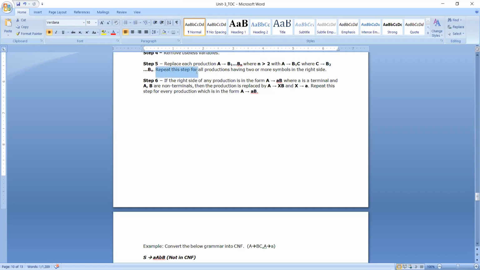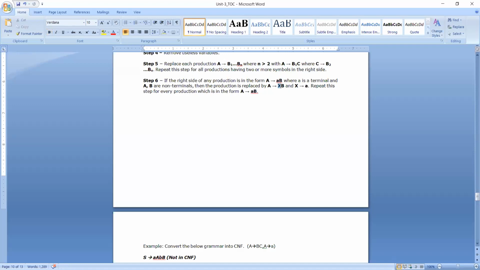And we are going to repeat the same step for all the productions having two or more symbols in the right hand side. Then the next step is, if the right hand side of any production is in the form A derives to small a capital B, where small a is a terminal, in such cases we replace this terminal with a new variable called XA.